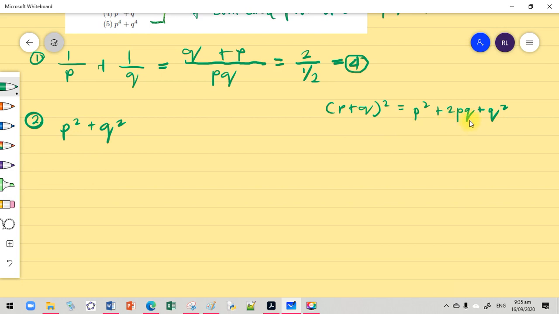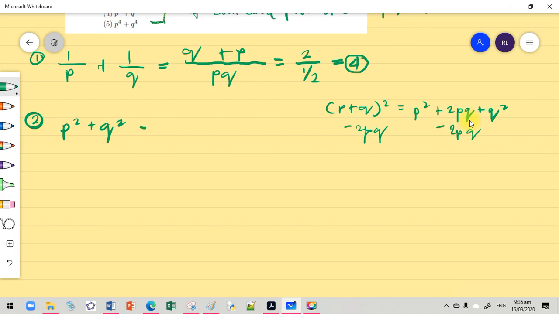And how do we do that? We subtract 2PQ, so the middle term becomes 0, and that becomes exactly P squared plus Q squared.